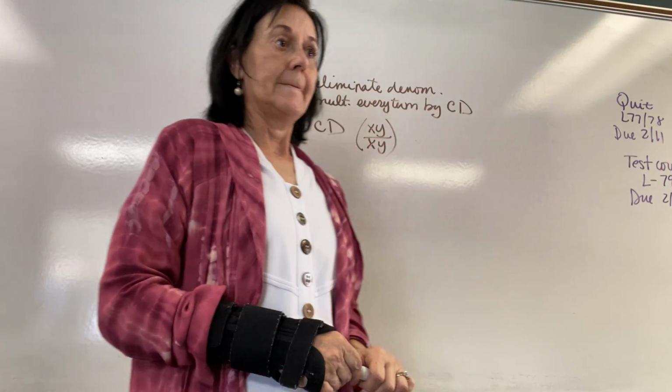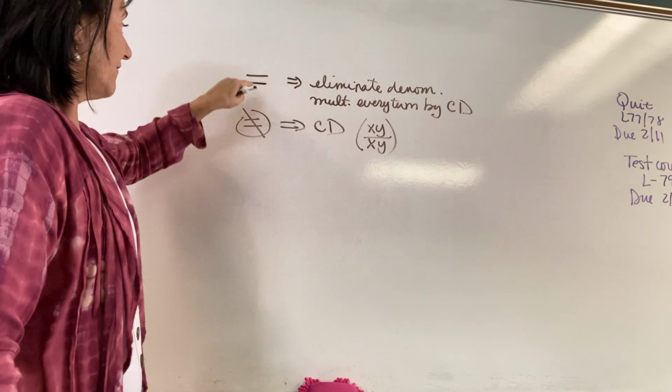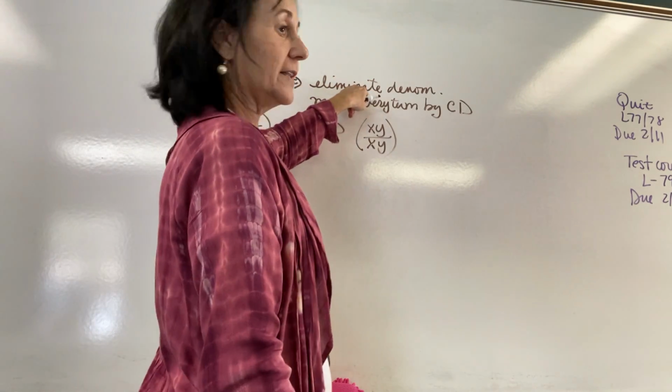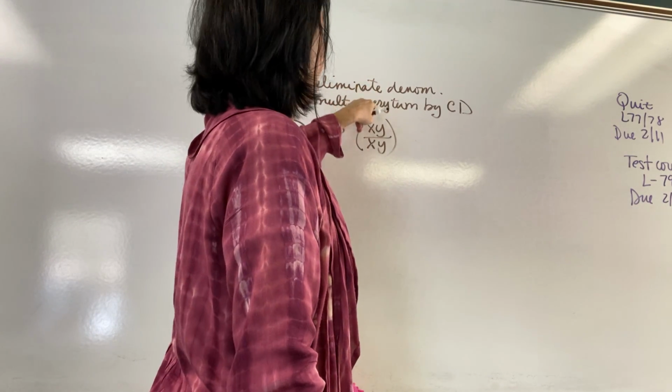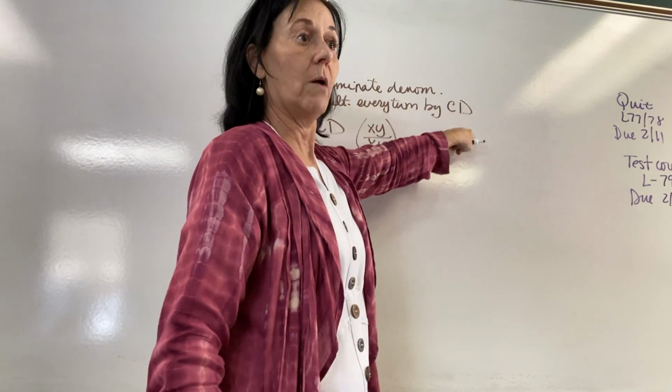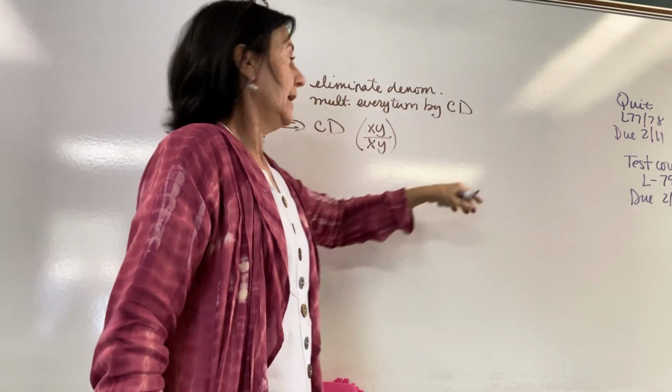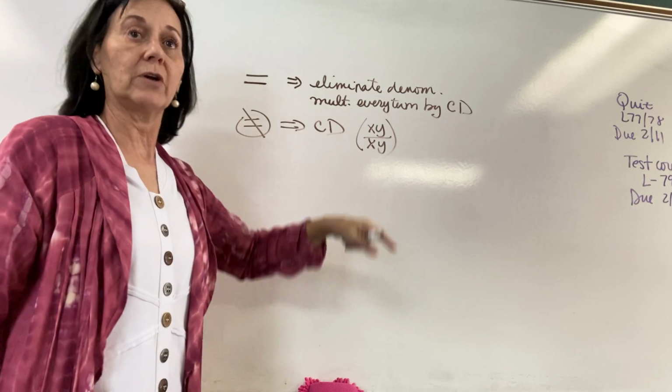If I have an equal sign, I'm eliminating the denominator. How am I doing that? I'm multiplying every term by what would be the common denominator. If I have no equal sign, I'm going to a common denominator.